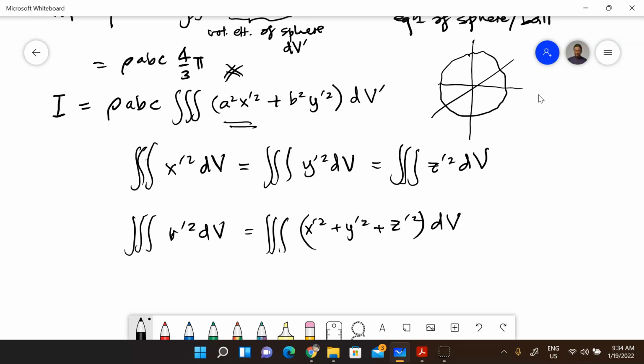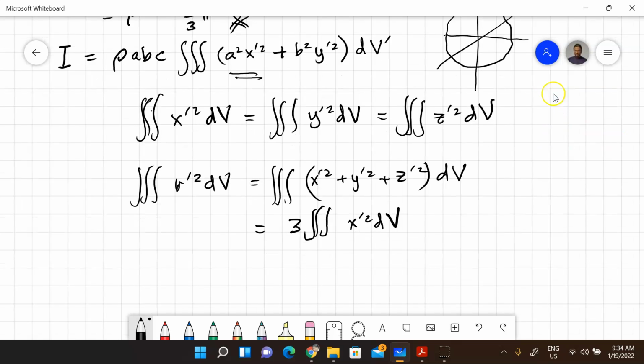Sorry, I have a visitor. So then because these are all the same with respect to the integral with respect to dv, I can write the following. In other words, what do we have?